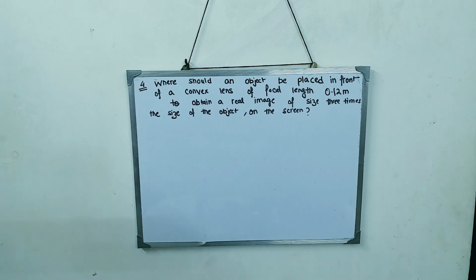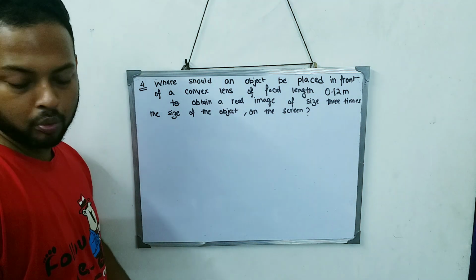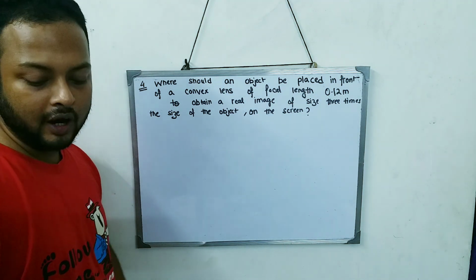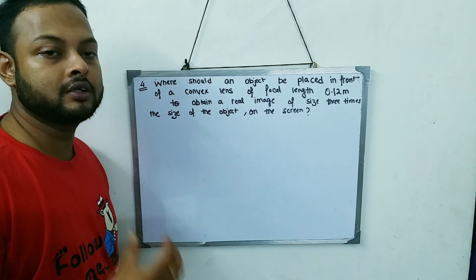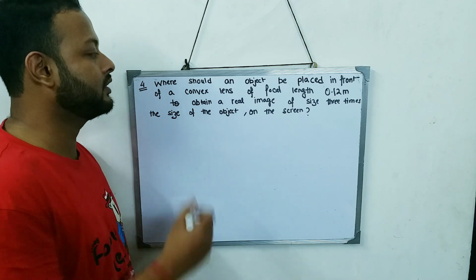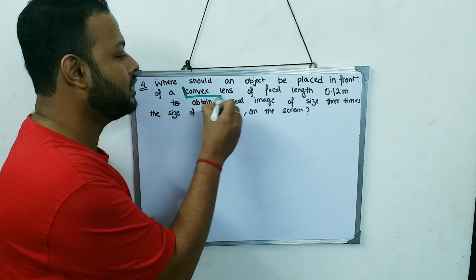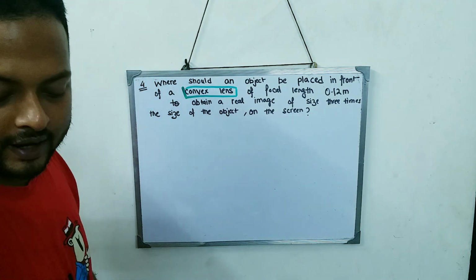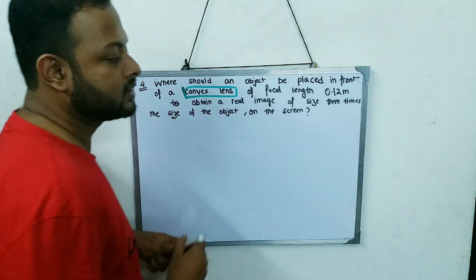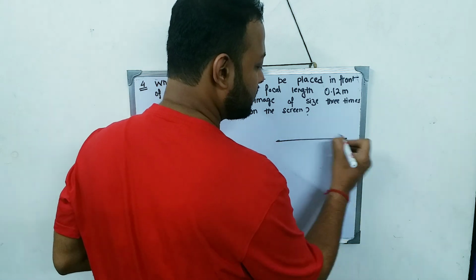Now we come to question number 4 of this chapter. Again, how to approach the sum? The sum has to be approached by looking at what kind of lens I'm having. So over here I'm having a convex lens. It's better to draw a convex lens.